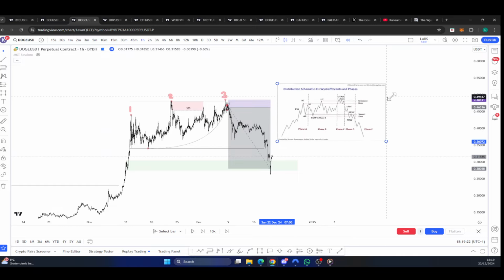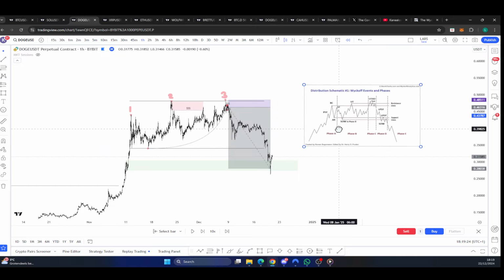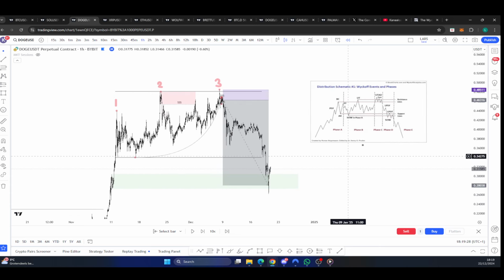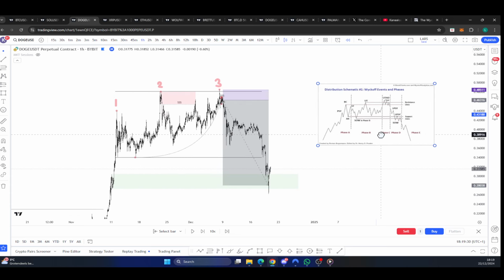Okay, so as you can see right here, for the people that are new to the channel, TCT distribution and accumulation models are Wyckoff accumulation and distribution models, but inside of the set of rules that I have made as the composite trader.